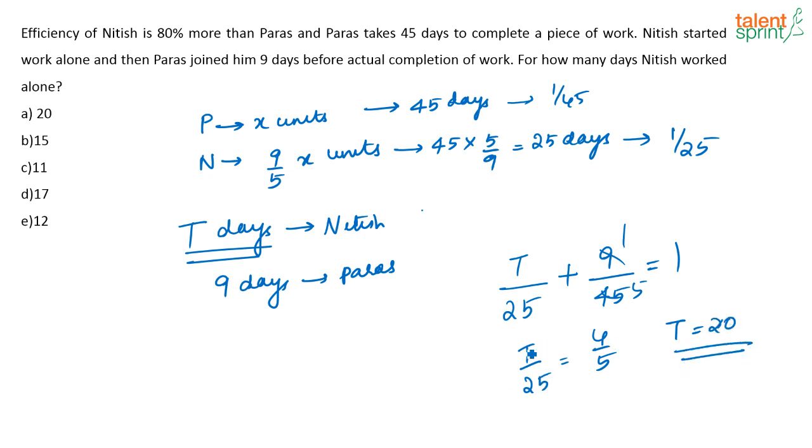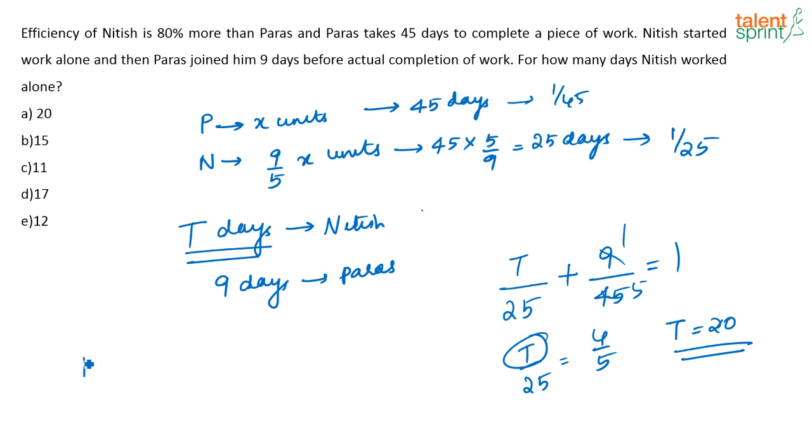So what is this T actually? T gives us the number of days that Nitish has worked totally. Remember, Nitish worked for some days alone, and for the last 9 days Paras was also there with Nitish. Now what is your question? The question is, for how many days did Nitish work alone?